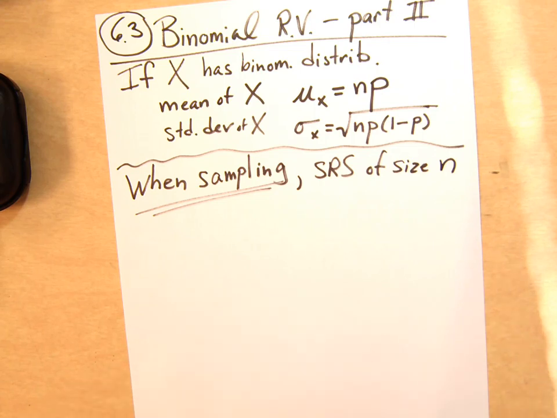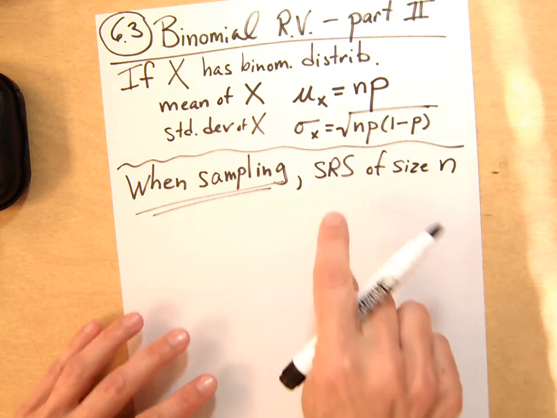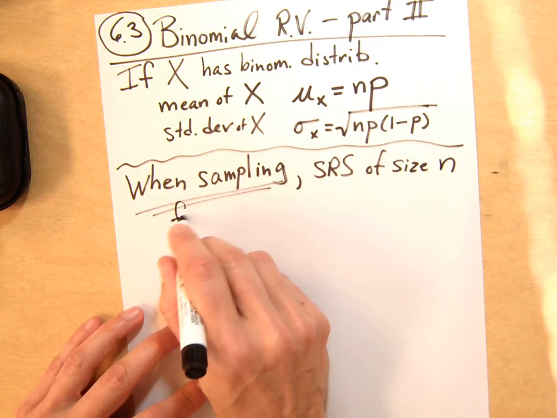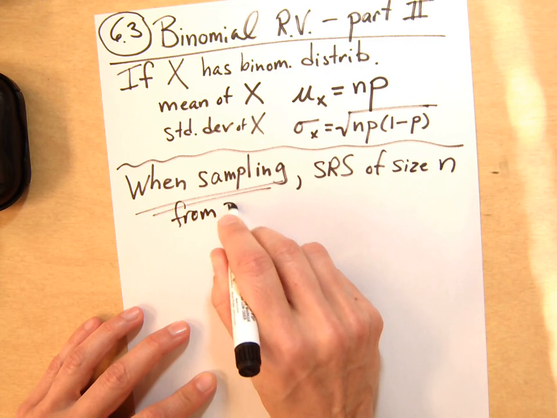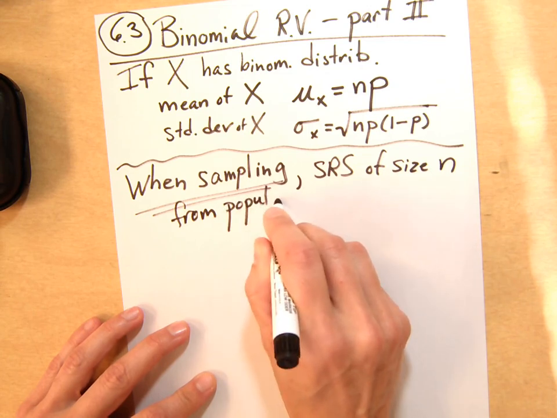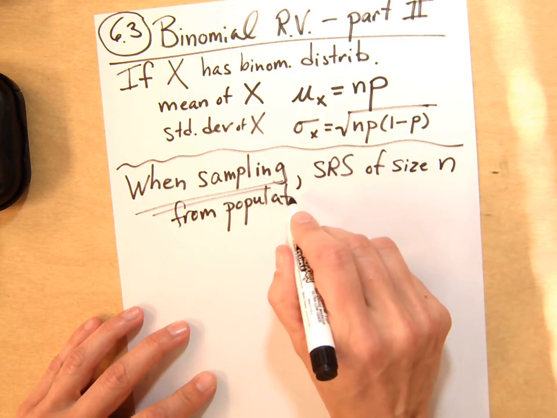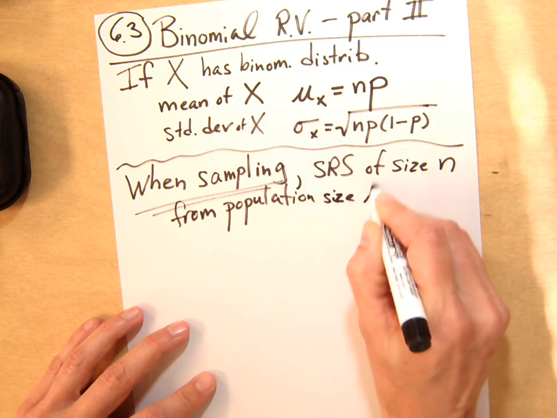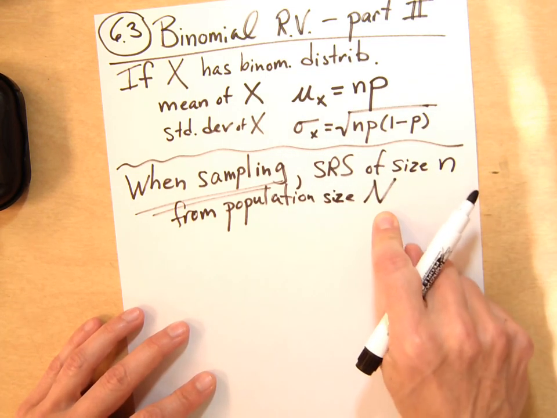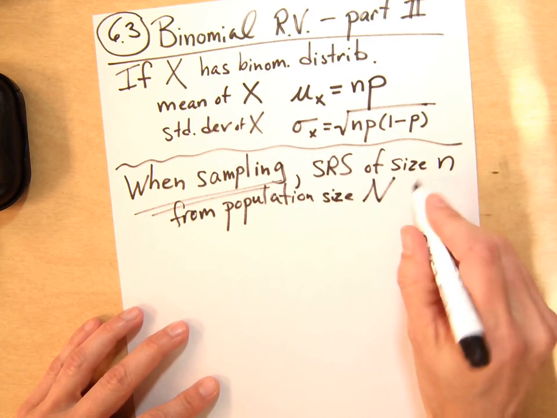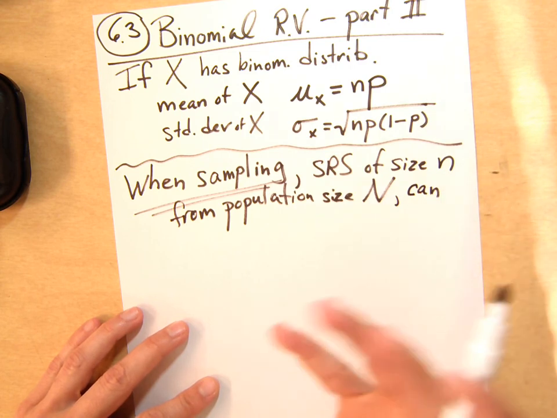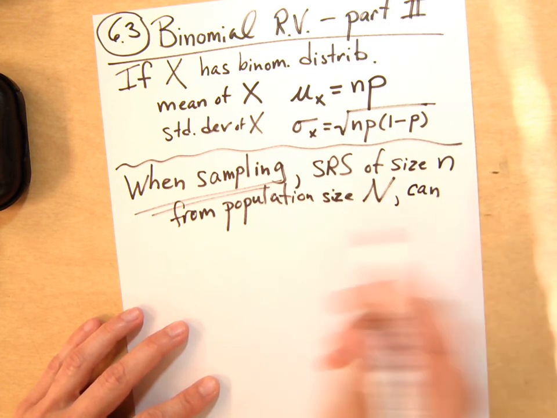It's like picking people, like your trials. So when you're sampling, you take a simple random sample of size n from a population, because that's where we're headed, especially in the next chapter on sampling distributions. From a population of size big N, we'll just use to denote the size of the entire population we're sampling from. The thing is that if we meet this condition, we can use a binomial distribution to model it.